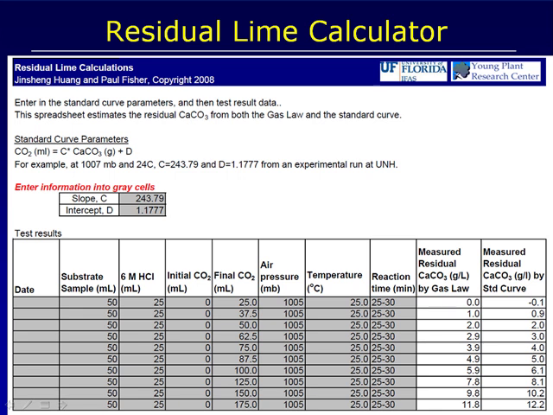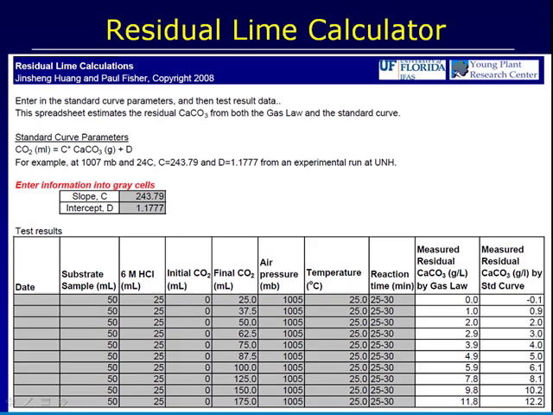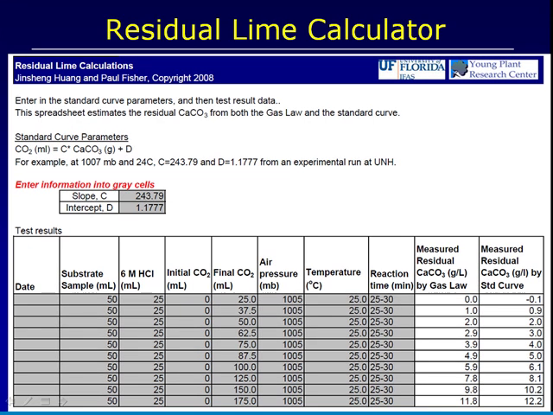And here are some data that have been entered into the system for different substrate samples. And the system will calculate the amount of residual calcium carbonate with two methods. One is with the universal gas law, and the other is by using the standard curve that you've prepared earlier.